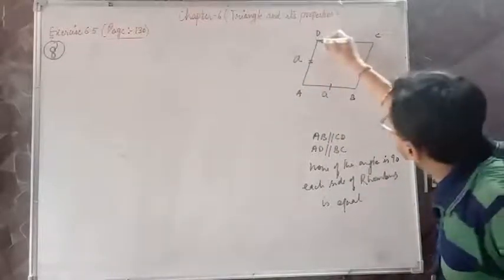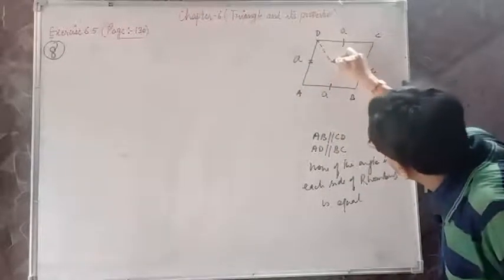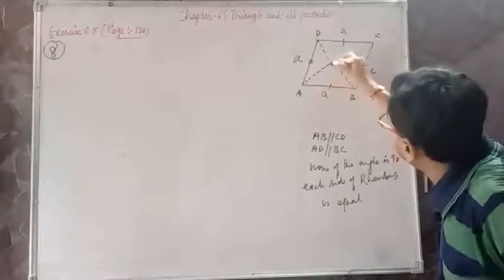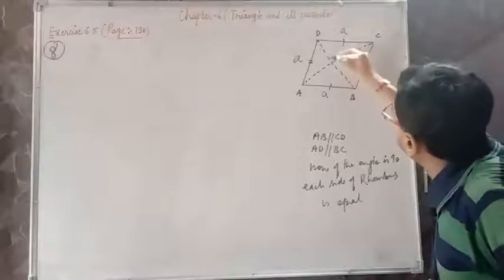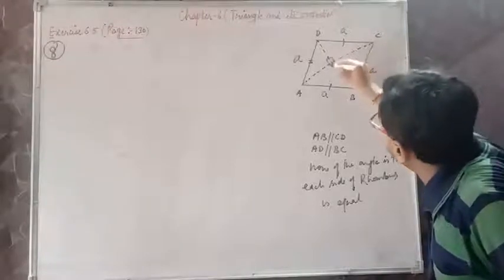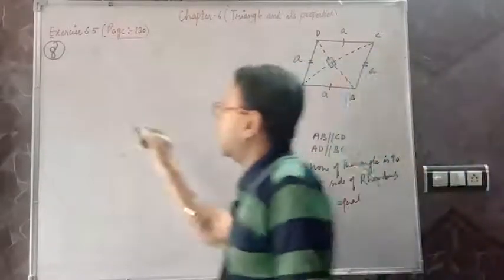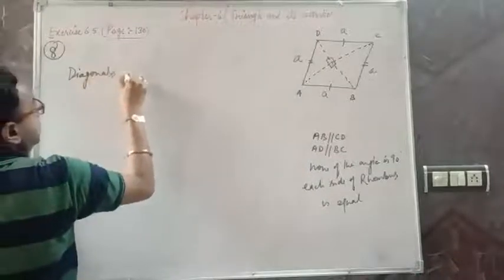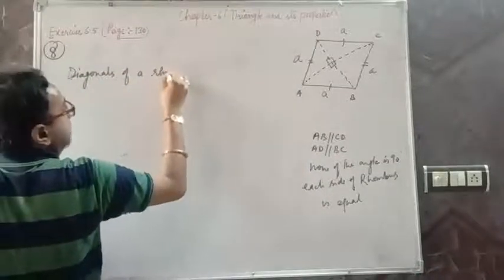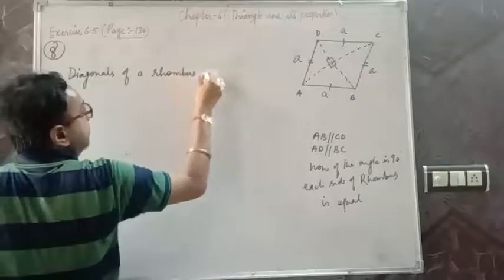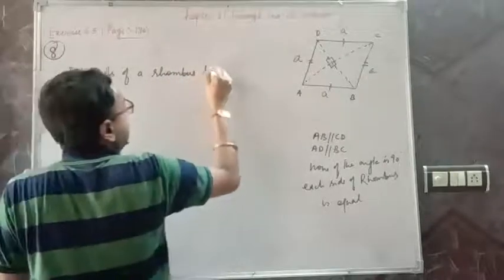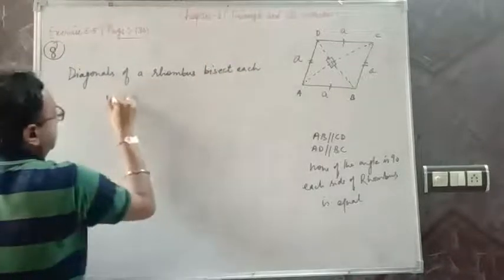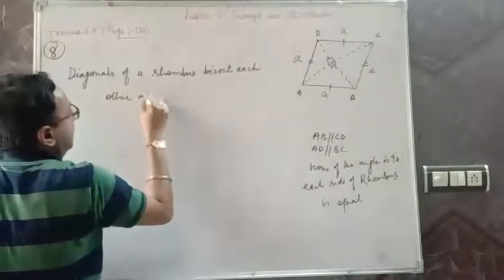Secondly, diagonals means joining opposite vertices. The diagonals of a rhombus bisect each other at 90 degrees.